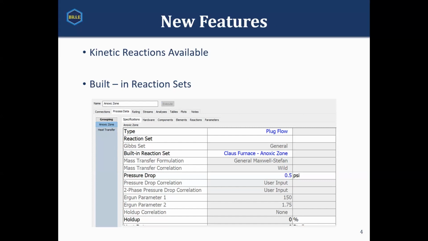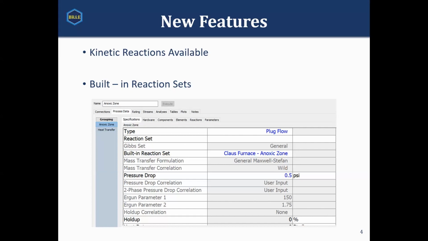With these kinetic reactions for SRUs, for the burner and the Claus beds, you do not have to write your own reactions here. We've taken care of that for you. We've taken care of the reaction parameters for you as the user. The only thing that you would use is actually the built-in reaction sets.